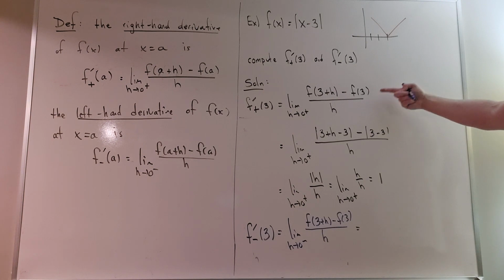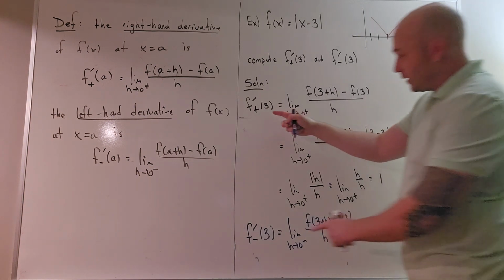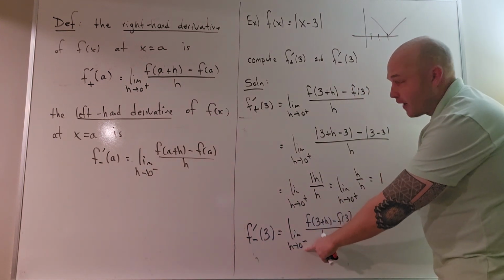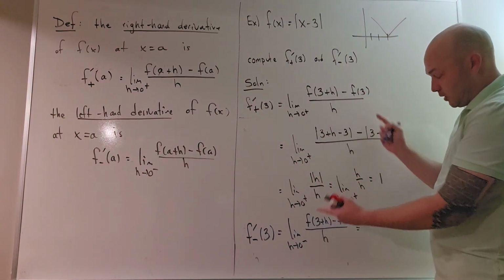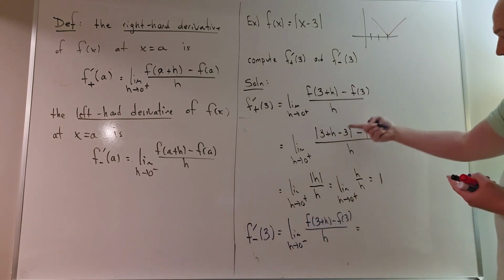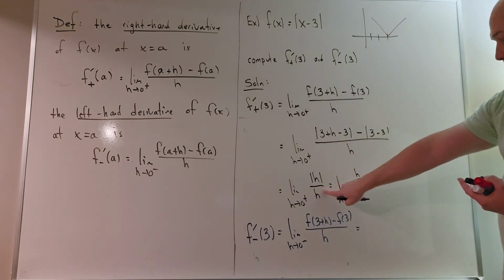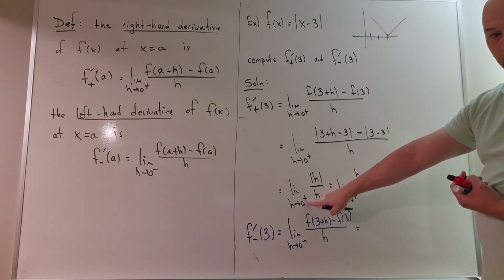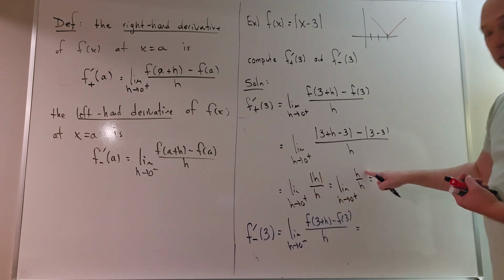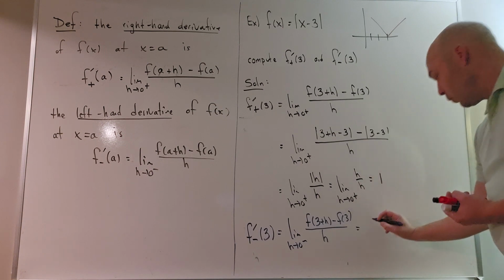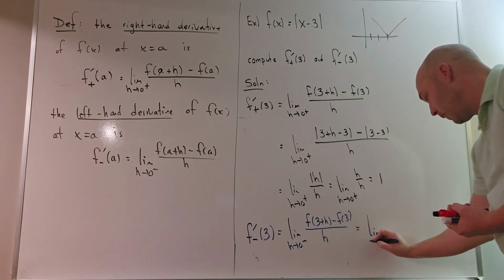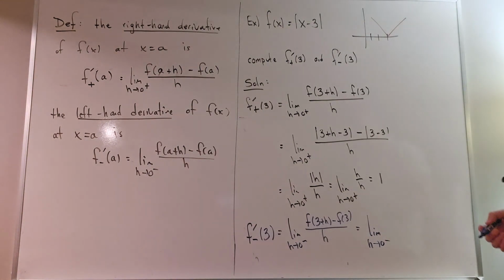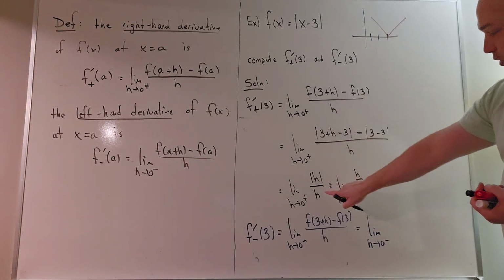The only thing that changes between these two computations is when I take the limit as h goes to 0 from the left. And that's going to be the exact same simplification all the way down to this point right here. Remember, the only place that I used where h goes to 0 from the right was to drop the absolute value. So for this one, we can skip a few steps because it's the exact same work as above, and we can just start right here.